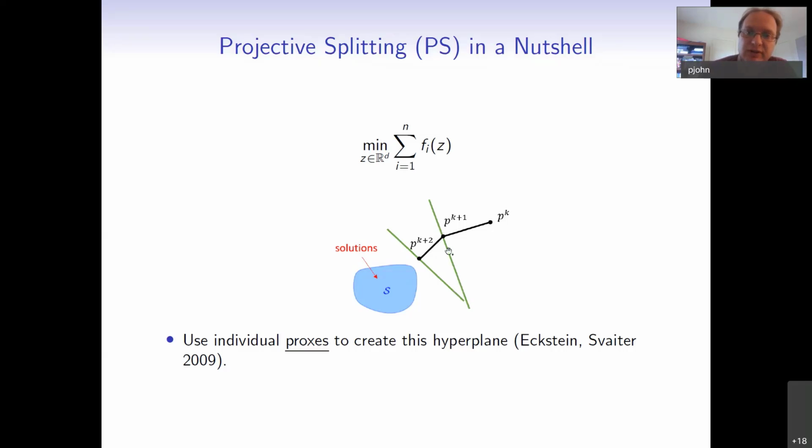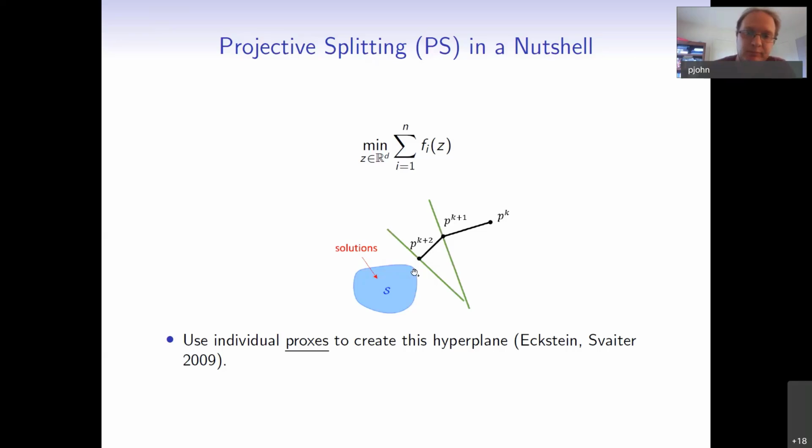If you can construct such a separating hyperplane, then you can always make progress by projecting onto that hyperplane to get the next point. Then just rinse and repeat: construct another separating hyperplane and project onto that, and over and over again, until in the limit you converge to a solution point.